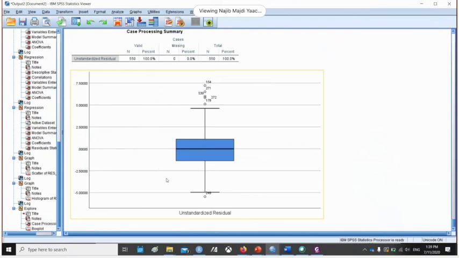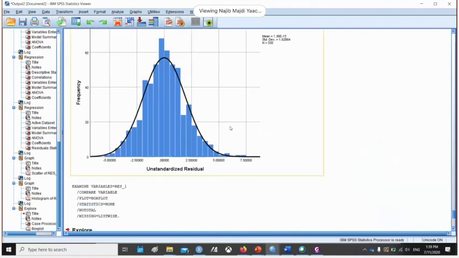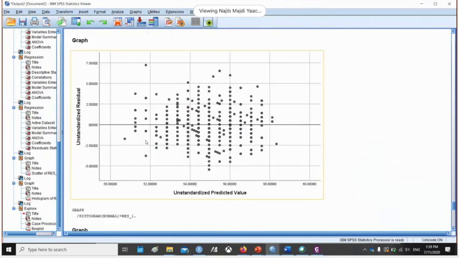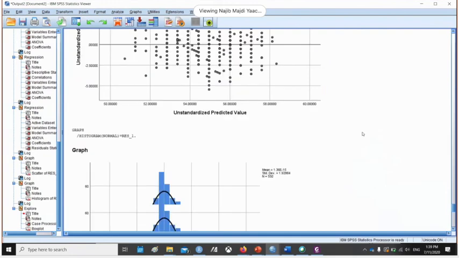The box and whisker plot and also the histogram of residual indicate the normality assumption is fulfilled. The XPYR scatter plot of X predicted, Y residual indicates that the assumptions of normality, linearity, and also equal variance are met.